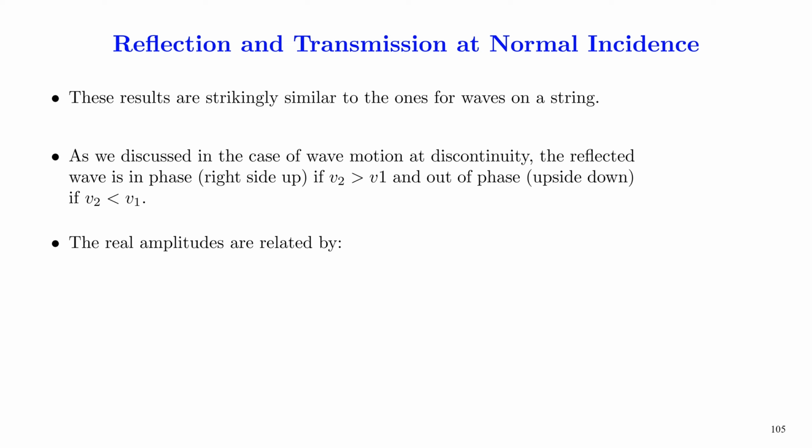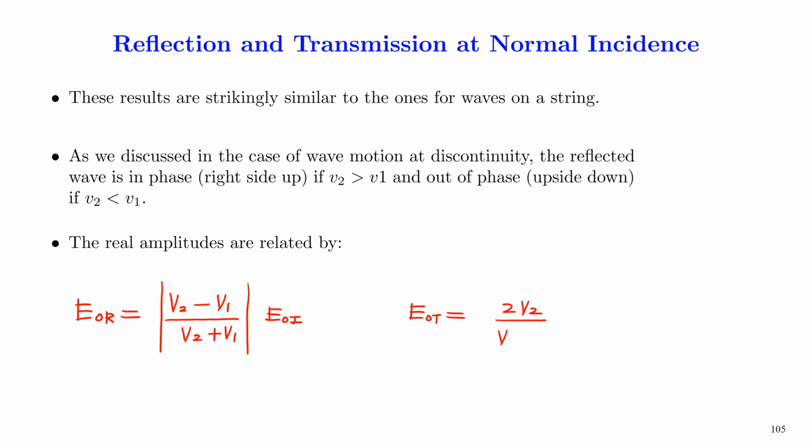Now the real amplitudes are related by E0R equal to the modulus of V2 minus V1 divided by V2 plus V1, times E0I, and E0T is equal to 2 times V2 over V2 plus V1 multiplied by E0I.